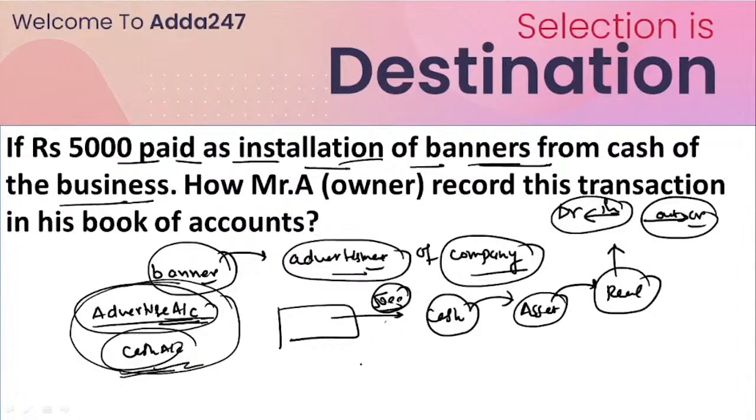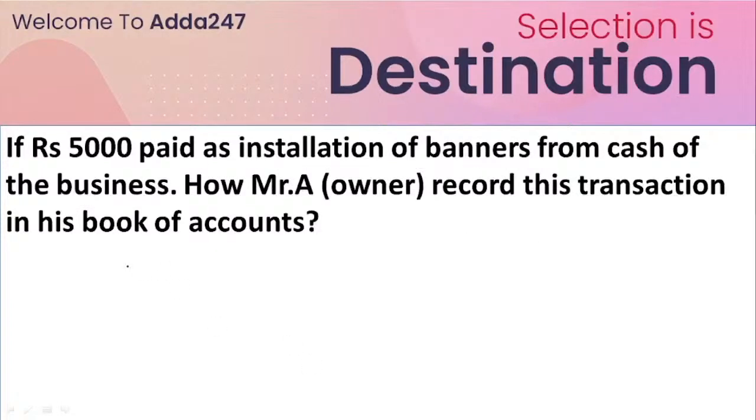So how do we understand which transactions should be debited and which should be credited? You can understand that one account is the advertisement account, and another one is your cash account.